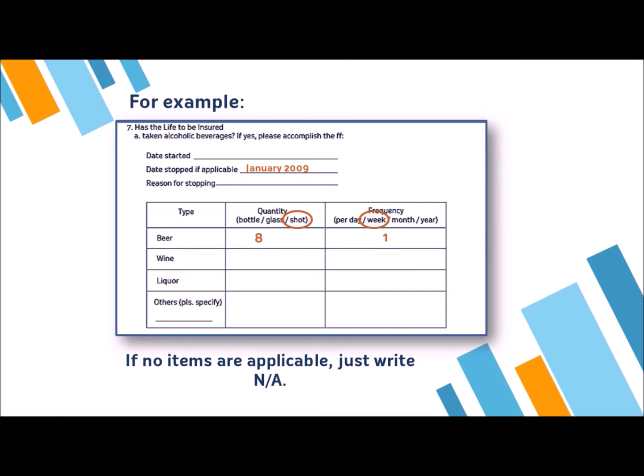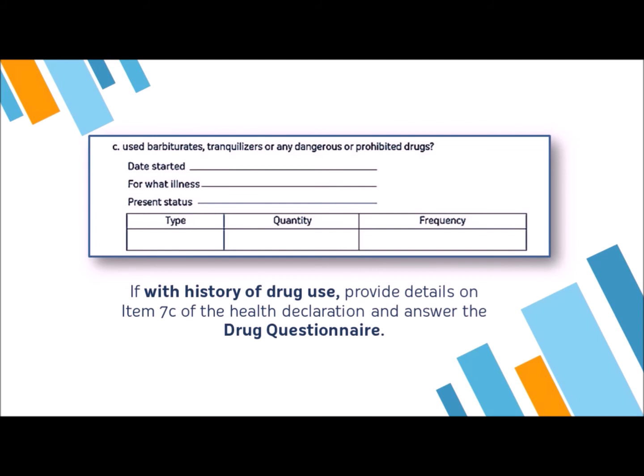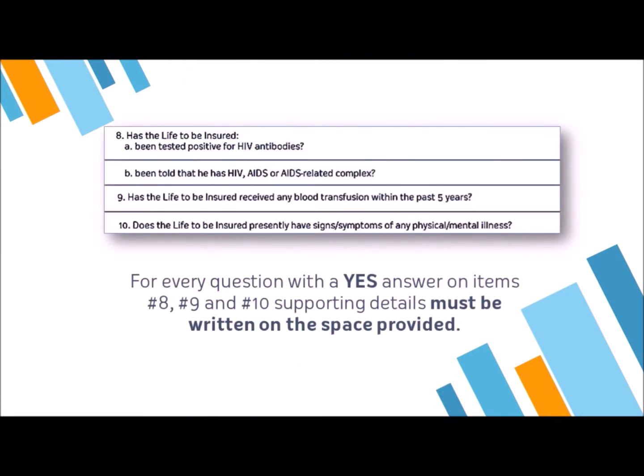If with history of drug use, provide details on item number 7, letter C of the health declarations and answer the drug questionnaire. For every question with a yes answer on items number 8, 9, and 10 of the health declaration questionnaire, supporting details must be written on the space provided.